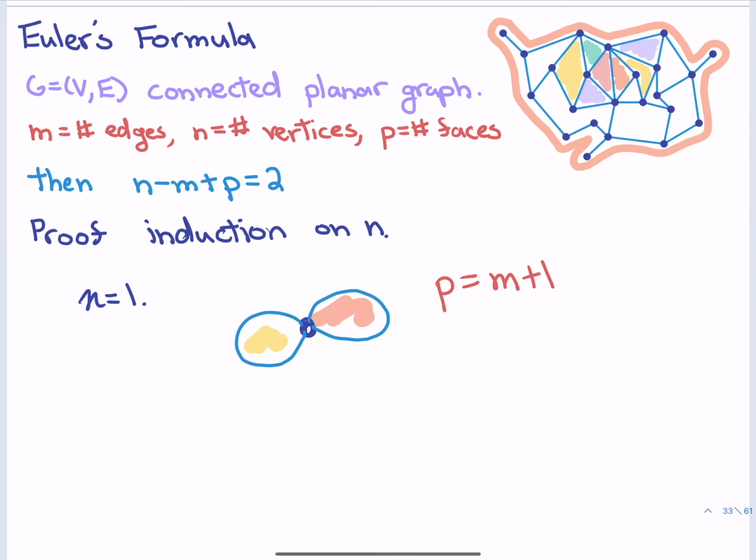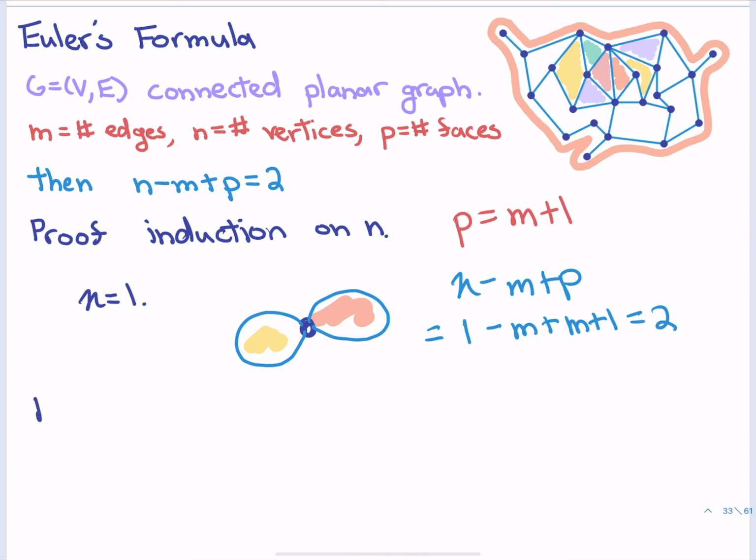We have N minus M plus P, which is equal to 1 minus M plus M plus 1, which is equal to 2. So that works for n is equal to 1. Great.